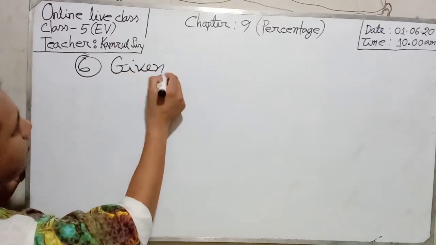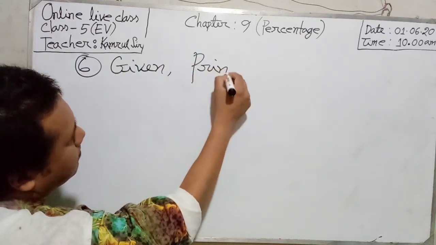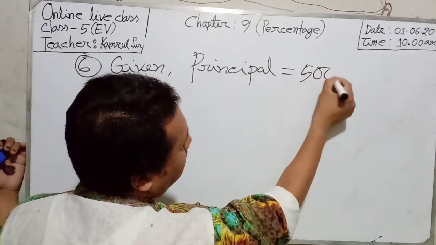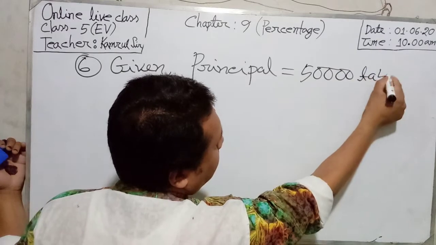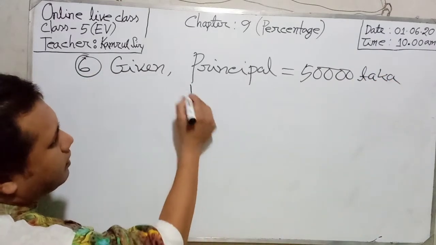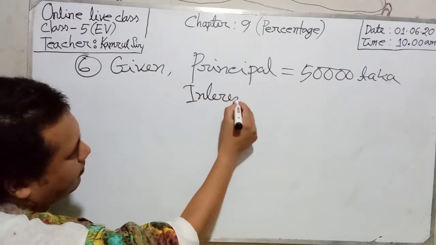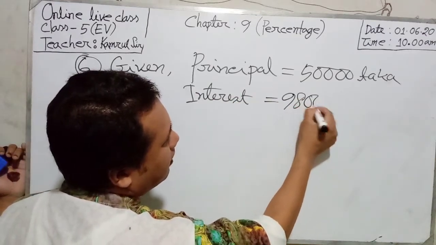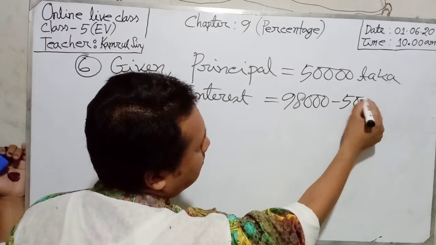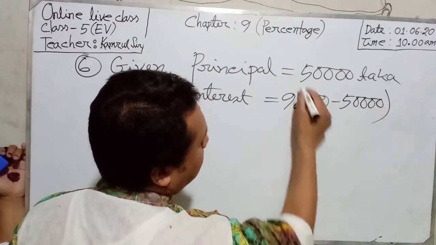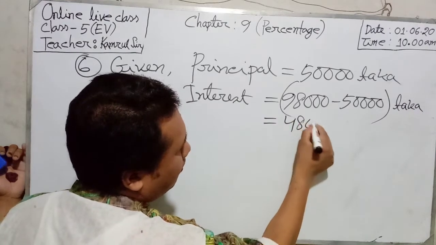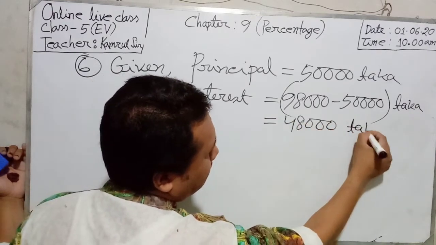Given: principal 50,000 taka, and interest, what will the interest be? Interest is 98,000 minus 50,000 taka, so 48,000 taka.